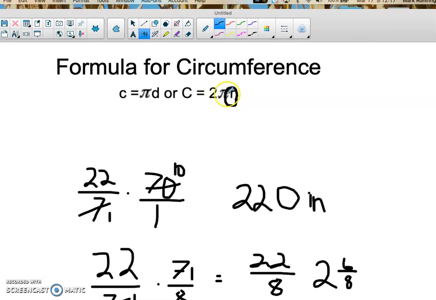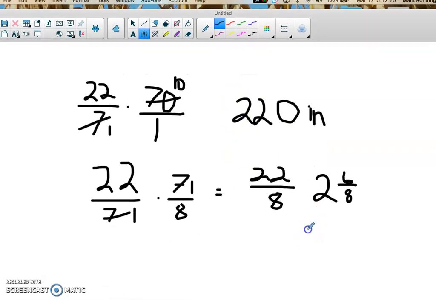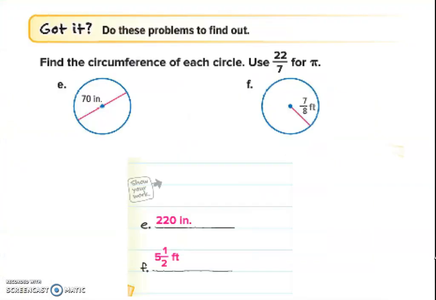Well, being that I can do any order because it's multiplying, this really comes down to 2 and 3/4, which if I were to multiply that by 2, that will equal 5 and 1/2. And then let's try another one.